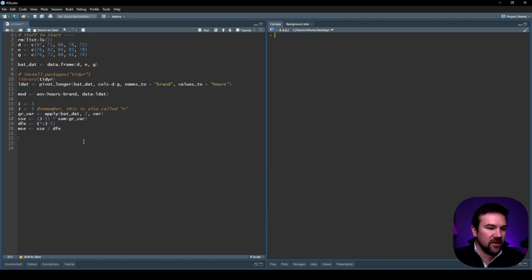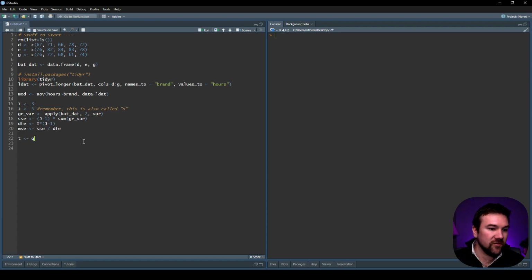All right, so going on as to how I build this LSD by hand. Well, it's actually really straightforward. I only need one more piece of information. I just need the critical t value, because remember, the LSD is looking at two-sample t-tests, pairwise tests between each of the groups.